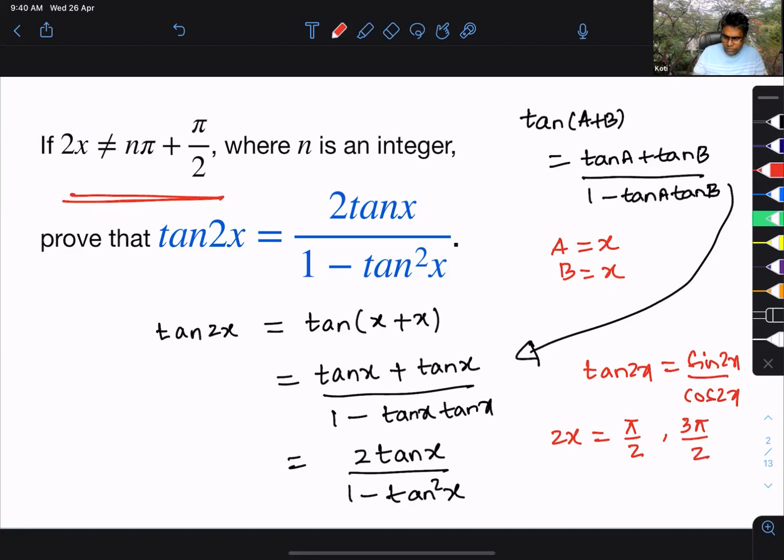So if you look at the difference, 3 pi by 2 minus pi by 2 is going to give you pi. So you don't want your 2x to be pi by 2 plus another pi. You're going to get 3 pi by 2, and again you don't want it to be 5 pi by 2, so another pi. So you keep adding. You need to watch out for this.